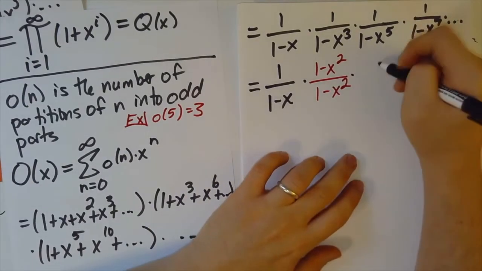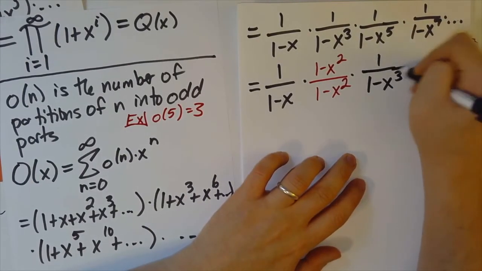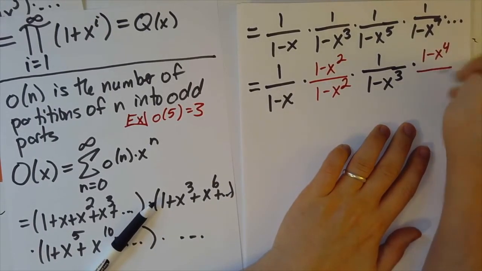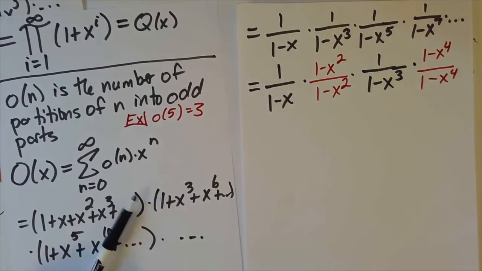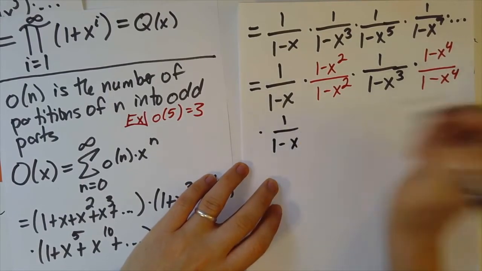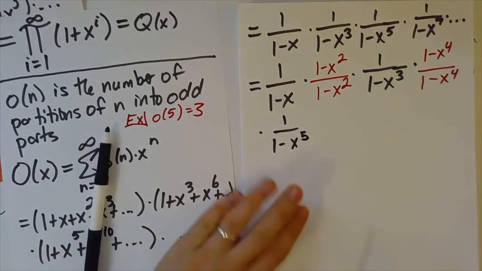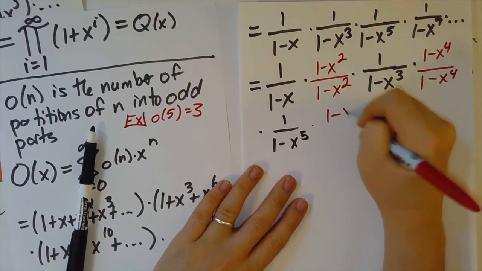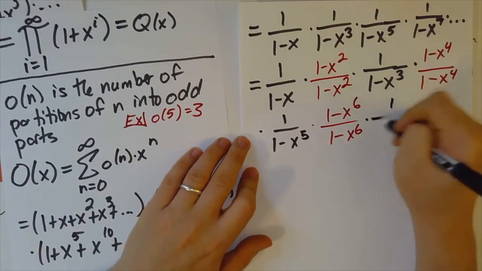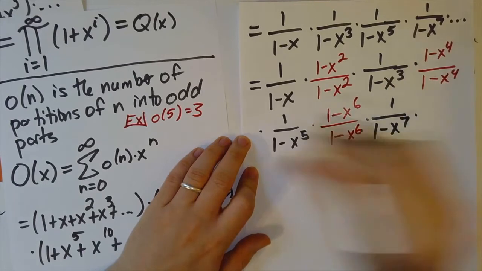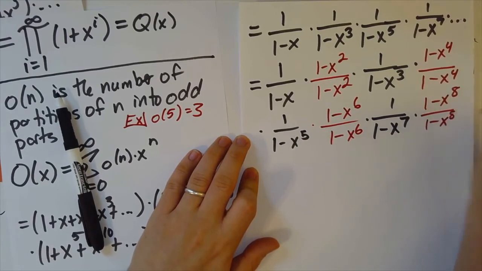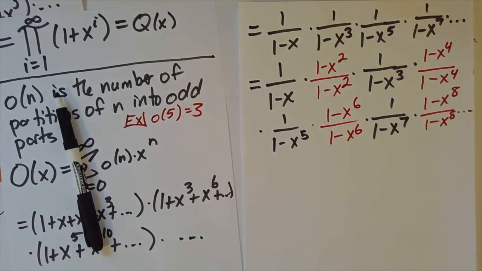And then times 1 minus x cubed times, and I'll go ahead and go out to the same place that I went before. Okay. And this is going on forever.